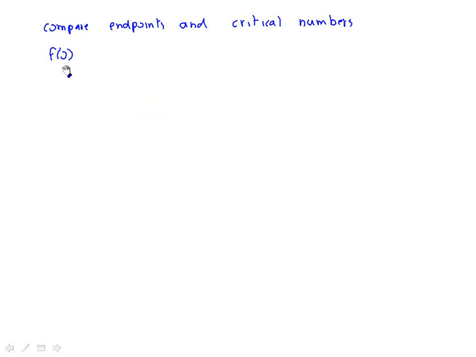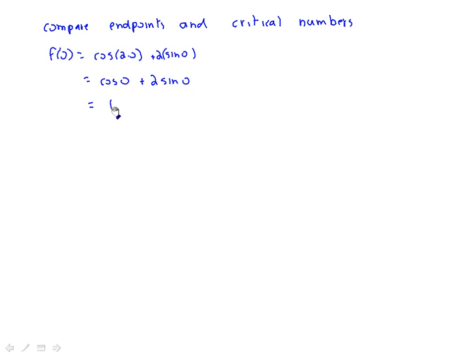So f at 0, if we plug in 0 to the original function, that becomes the cosine of 2 times 0 plus 2 sine 0. Well, cosine of 0 plus 2 times the sine of 0.